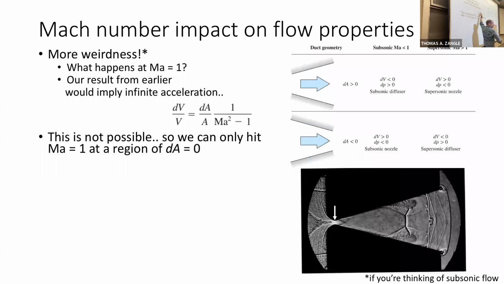So this expression actually tells us that the only place that we can have Mach number equal to 1 is when dA is 0. So the only way that we can have Mach number equal to 1 within a system with area changes is when dA is equal to 0.